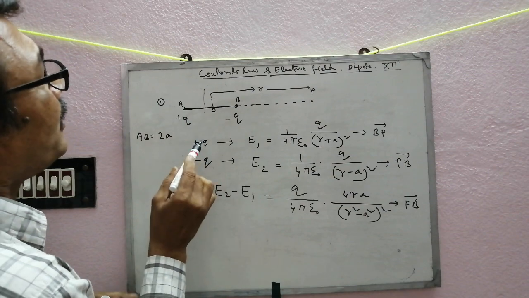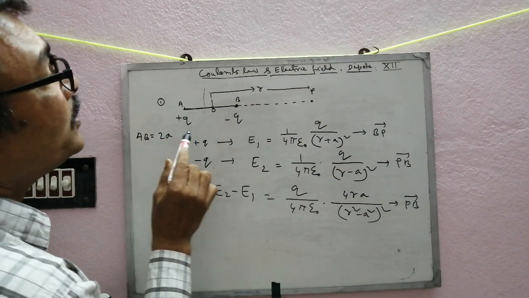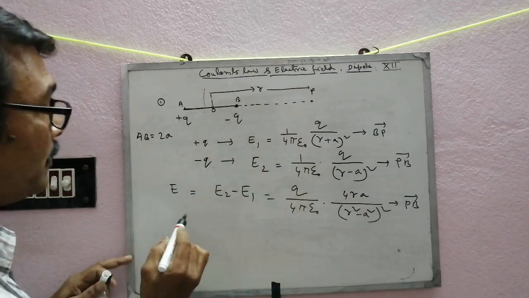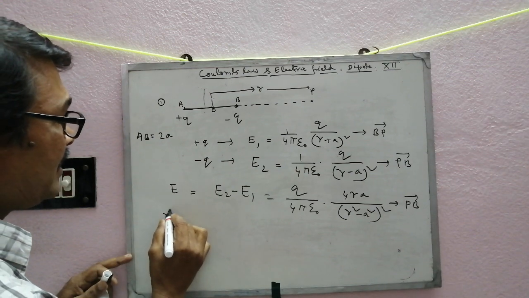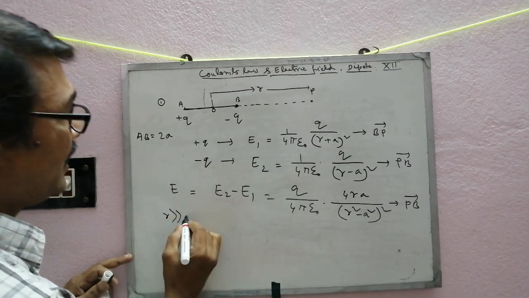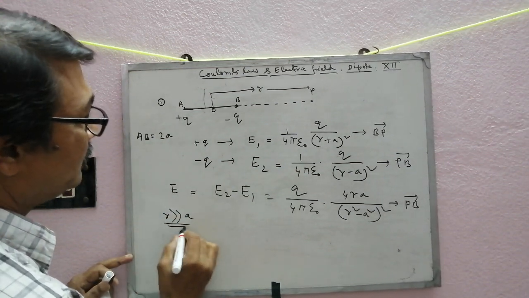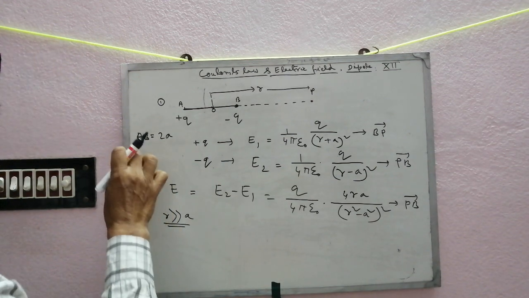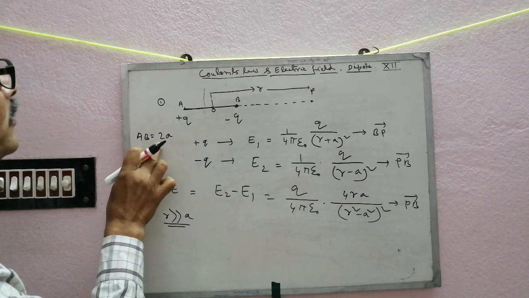Now we find out the electric field due to the electric dipole. So distance R is greater than A, on the axis of the dipole.